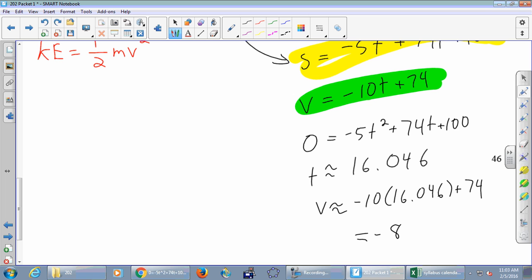Am I doing something wrong? Yeah, I messed up here. Let's try this again. 16.046, that's okay. All right, one more time. -80.46. That's a velocity, so meters per second. Negative because down.